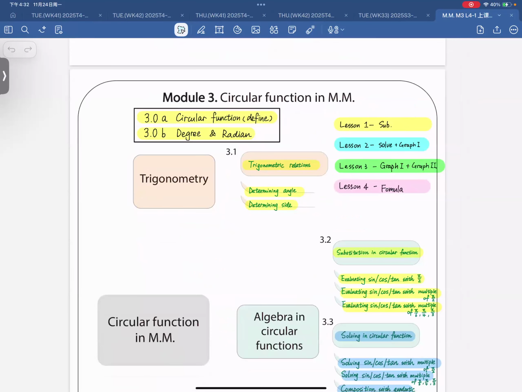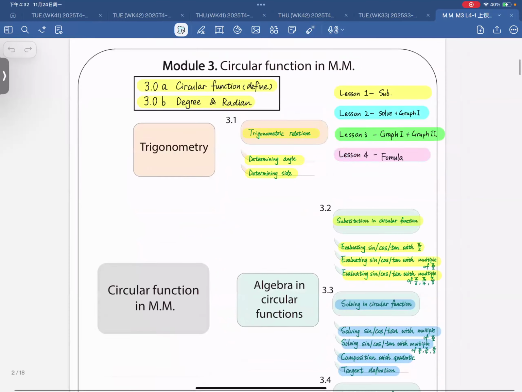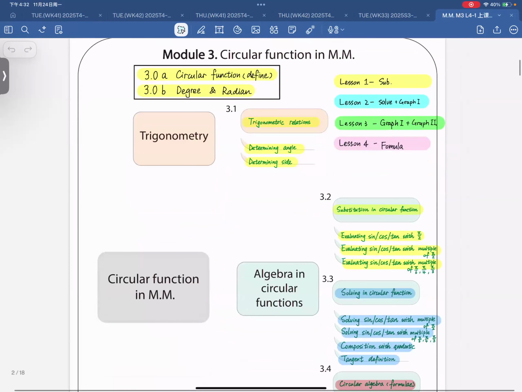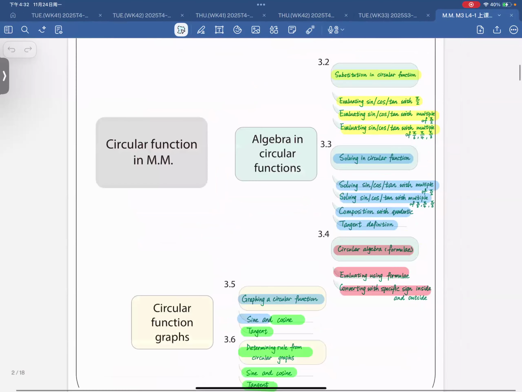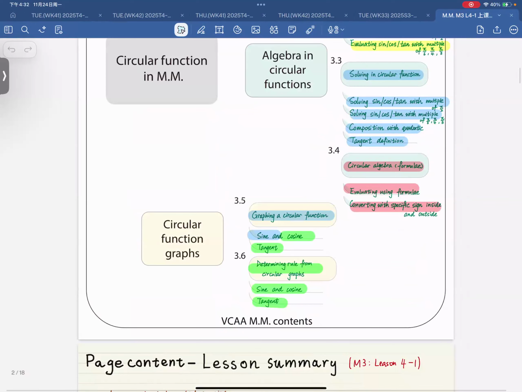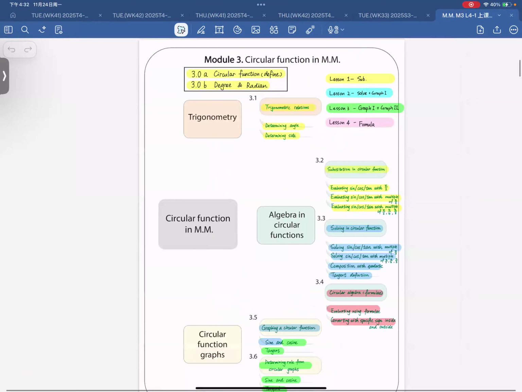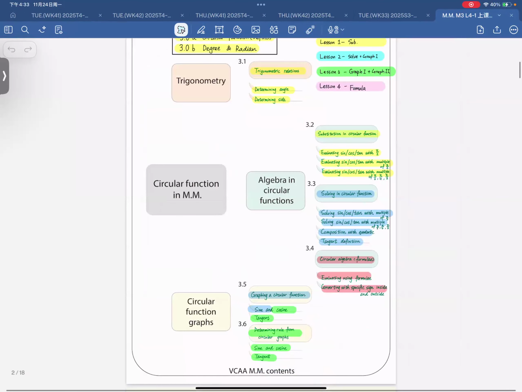Basically, in module 3, we have trigonometry, circular function, and the circular function graphs. Okay, that's 4 big chunks.